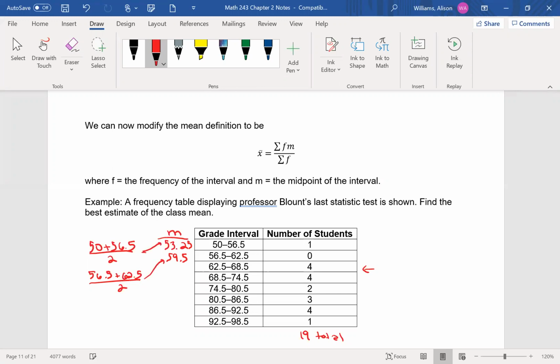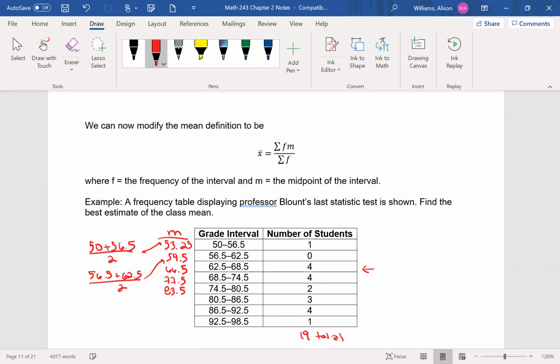And that's going to give me 65.5. Then 68.5 plus 74.5 divided by 2 comes out to 71.5. The next one is 77.5, and then 83.5, 89.5, and then 95.5.